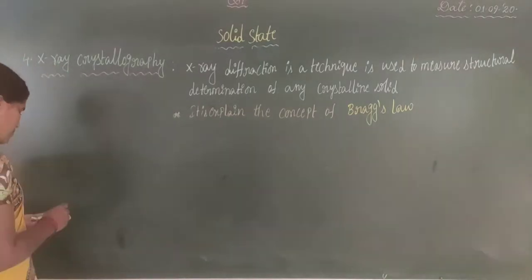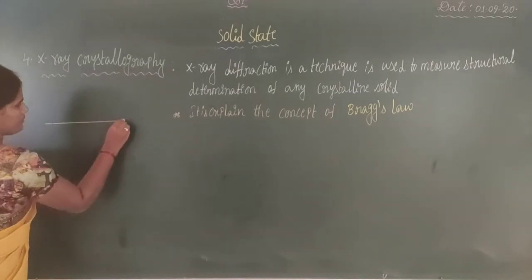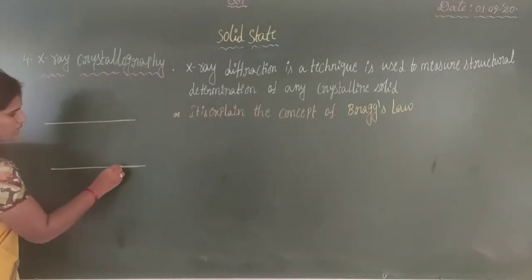In that, you are talking about crystalline layers. For example, if you take a solid, for our understanding you take two layers of the solid. This is one layer of the solid, and the next one is the second layer.